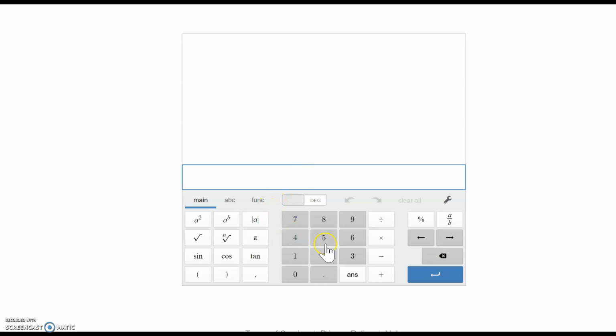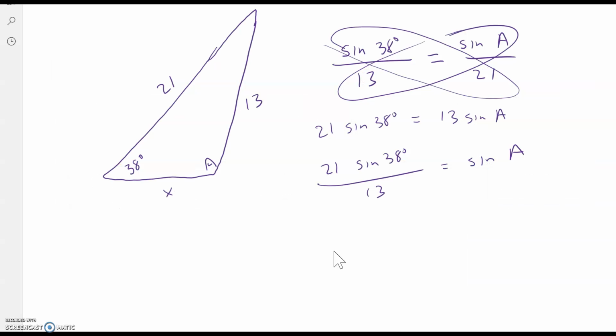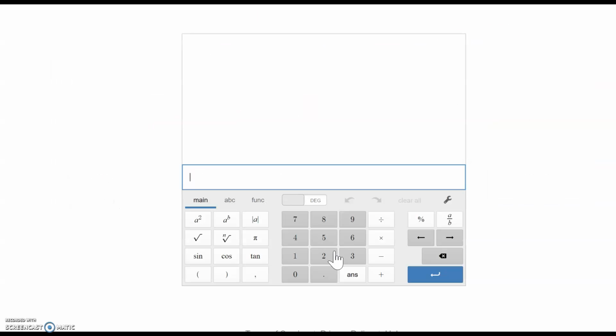Every calculator is a little different. So it's 21 times sine of 38, and then closing parentheses. By the way, make sure your calculator's in degree mode.